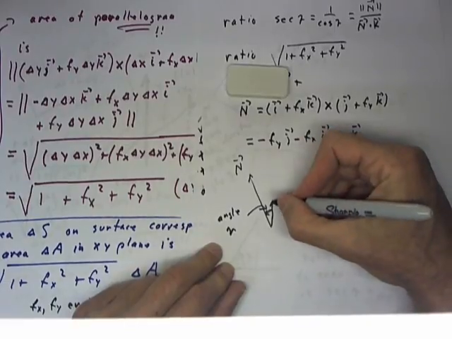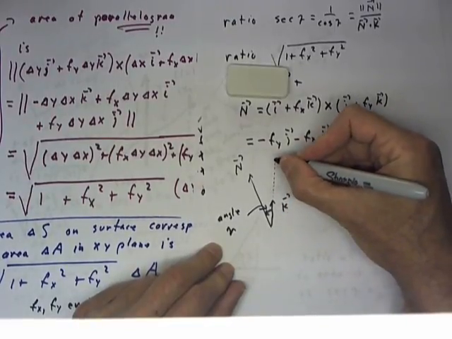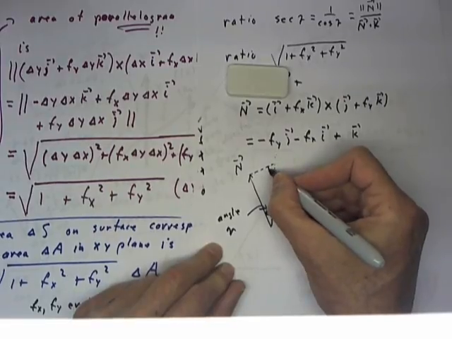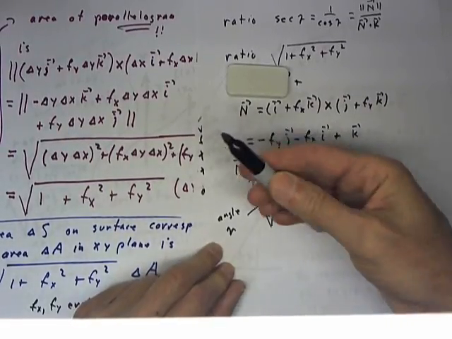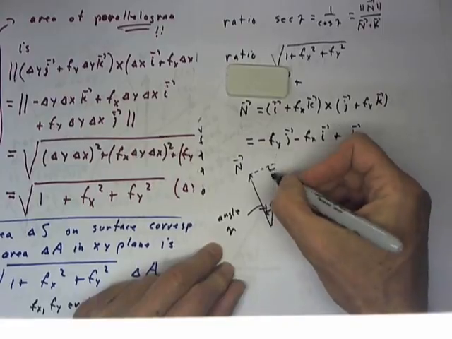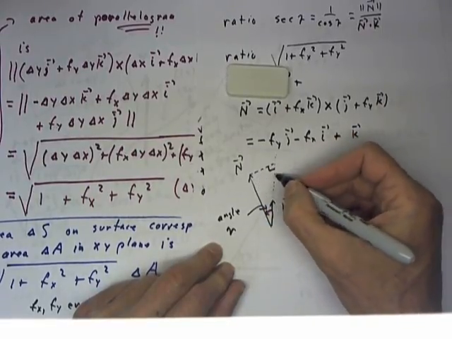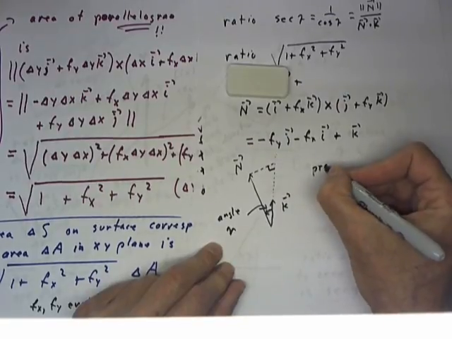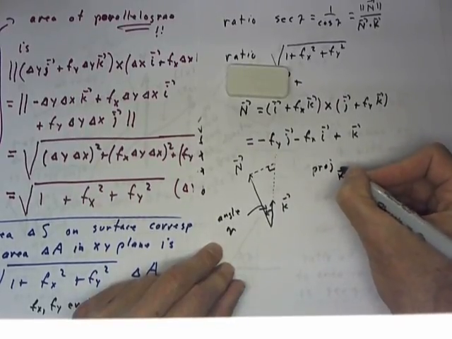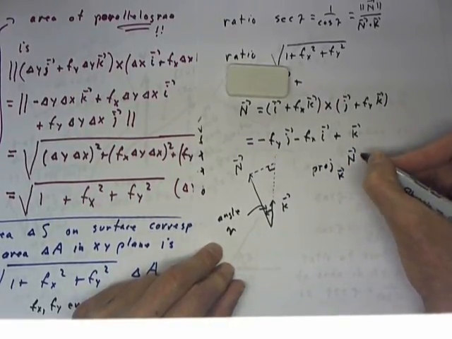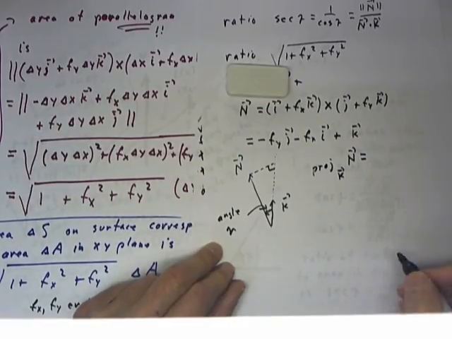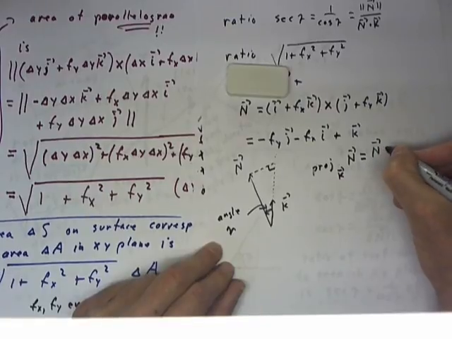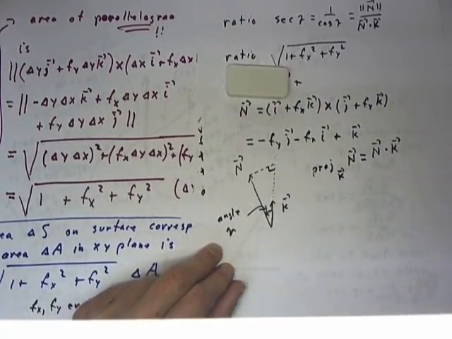If we project our normal vector onto the k vector, and this is going to depict a right angle, we don't know what our orientation in 3 dimensions is, but this is a right triangle. Then this projection onto k of our normal vector is going to be just n dot k.